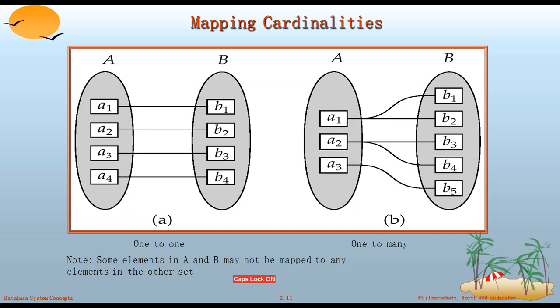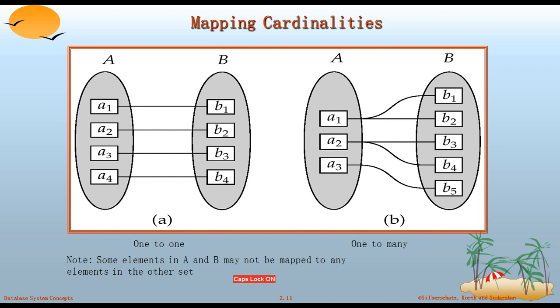So here in the pictorial representation, A is one to one. So the A part will have at most one relationship with B. So it's called one to one.